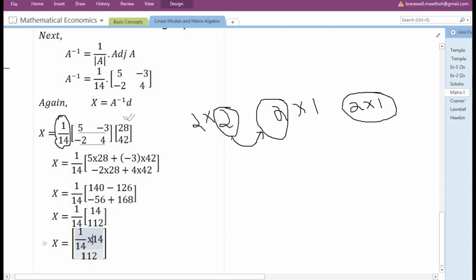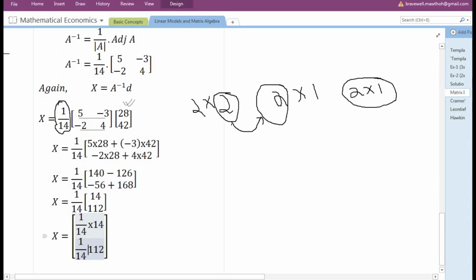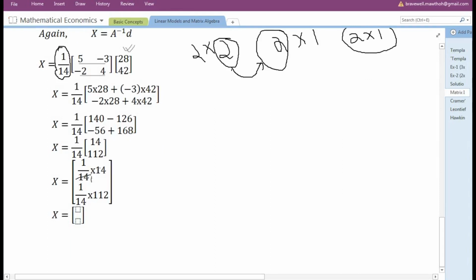1 by 14 times 14, 1 by 14 times 112. 14 times 1 equals 14, 14 times 8 equals 112.